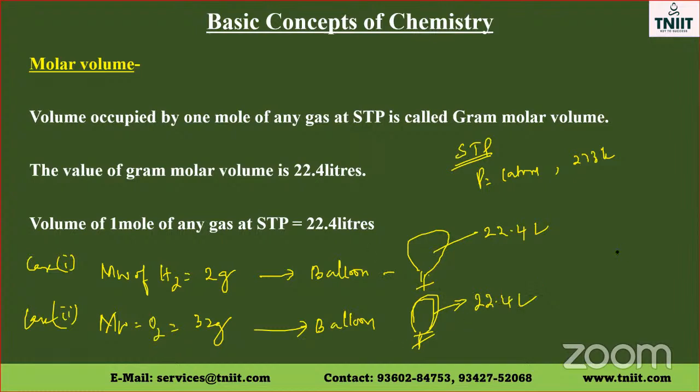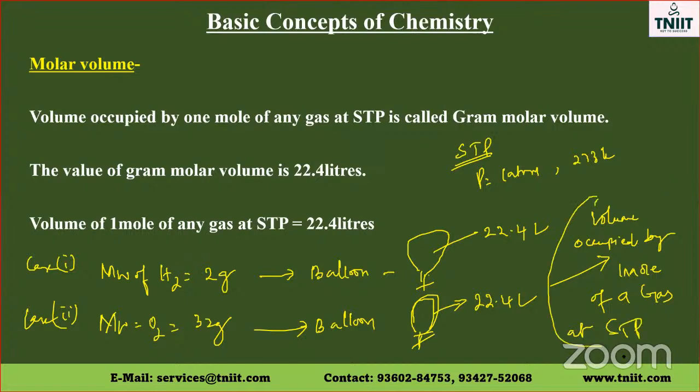So molar volume is defined as the volume occupied by 1 mole of a gas at STP. How do we define molar volume? The volume occupied by 1 mole of a gas at STP is called molar volume.